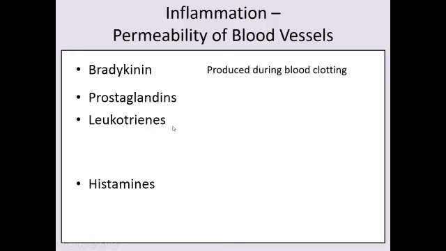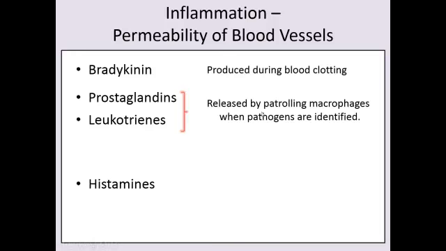Prostaglandins and leukotrienes are both produced by patrolling macrophages when pathogens are identified. Now, I will mention that we do have products for suppressing both of these. So if you've ever taken aspirin or ibuprofen, Tylenol, these are antiprostaglandins that limit or prevent inflammation.